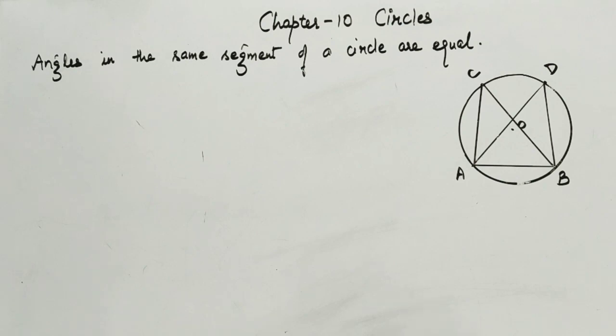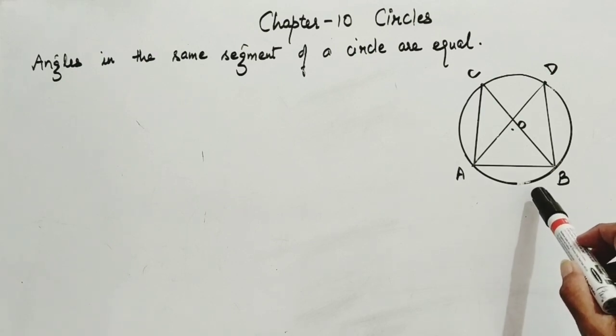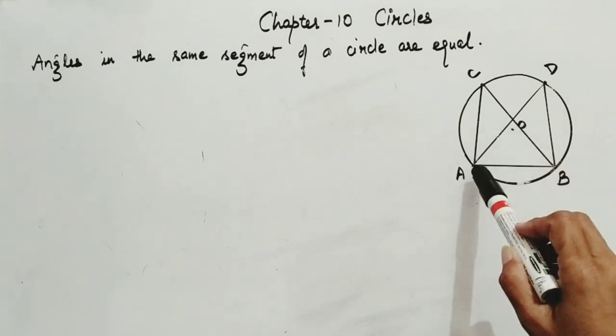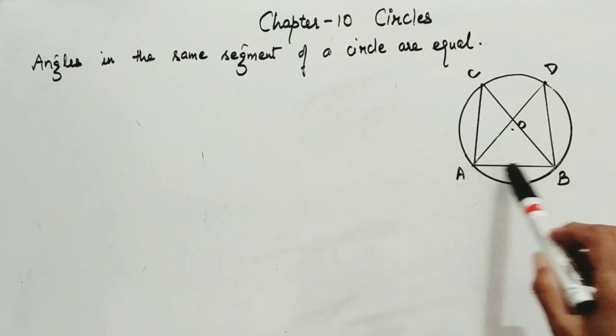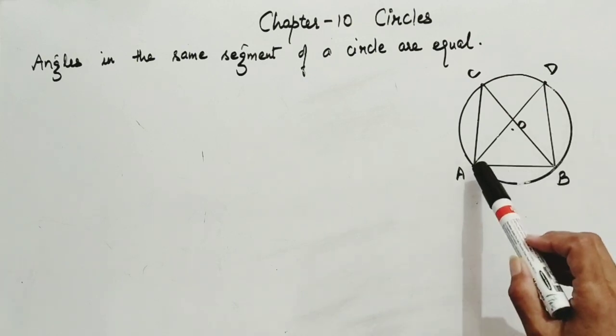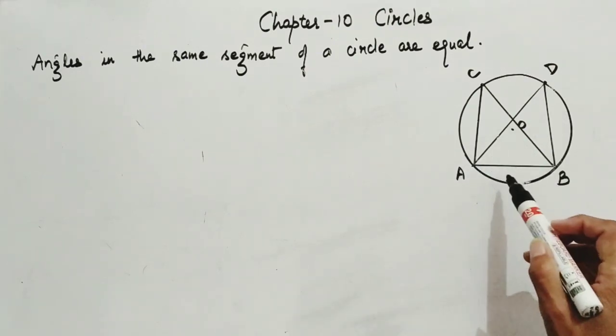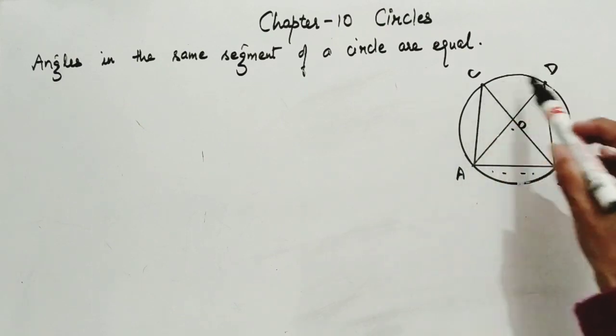Next theorem is angles in the same segment of a circle are equal. Look at this figure. There's a circle, center is O, AB is a chord. Now this chord AB has divided the circle into two segments. We already know less than a semicircle is the minor segment. So this one is the minor segment, this is the major segment.